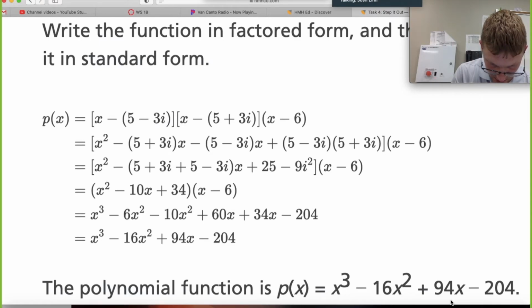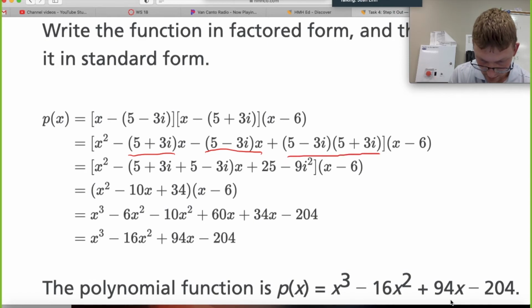Here's your x times 5 plus 3i. Here's your 5 minus 3i times x. Here's your 5 minus 3i times 5 plus 3i. And then your x minus 6 is still out there.